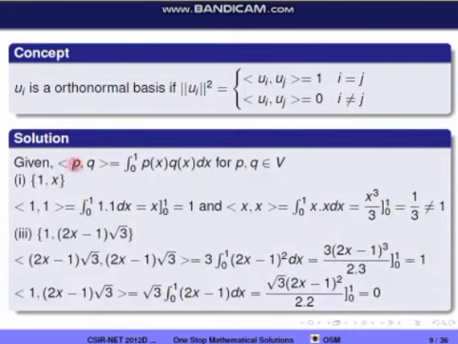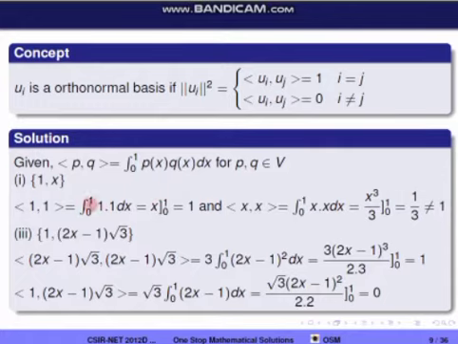The inner product of P and Q is the integral from 0 to 1 of P of x Q of x dx for P, Q in V. Now we'll check the options. If we take the inner product with the same element, it should be 1, and if we take the inner product with another element, we should get 0.